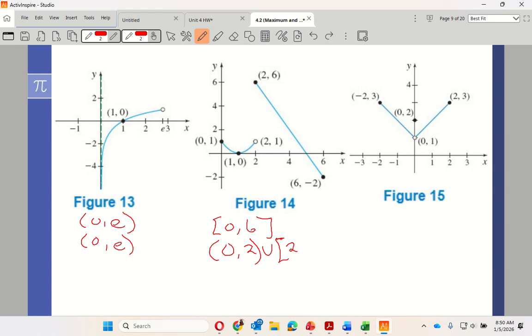At 2, where it is at 6, one side there isn't anything, so it's not continuous at that specific point. So at the end, I'm going to use parentheses. So it's continuous from here to here, and this would be to 6.